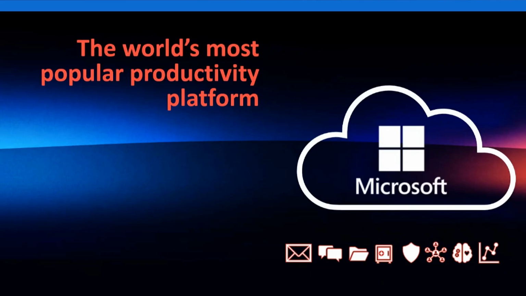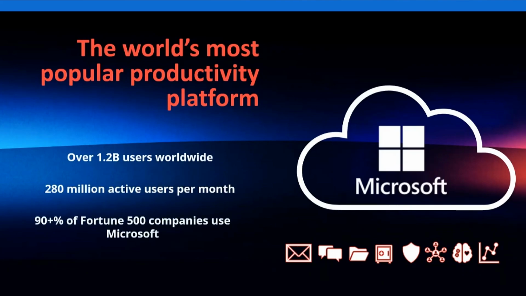Today, there's over 1.2 billion users worldwide, 280 million active users per month, and over 90% of the Fortune 500 companies use Microsoft. There's a reason for that. It's a fantastic platform, fantastic tool. But there's a lot of things we also want to help address and supplement. That's why we don't just use Microsoft-only tools. There's a number of things in your arsenal, as well as that you learned about today.